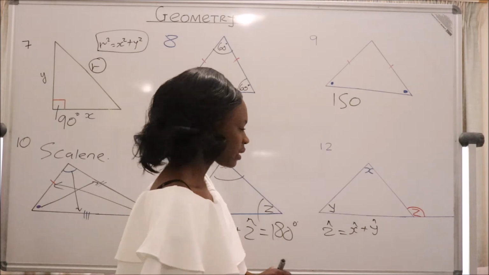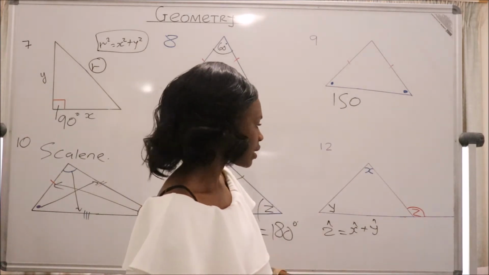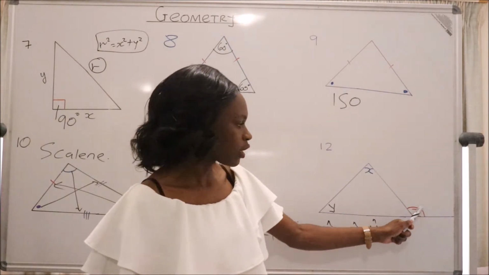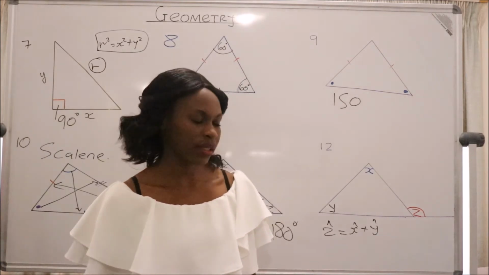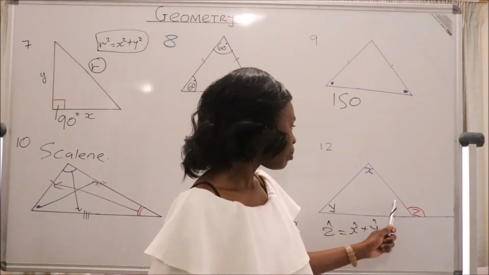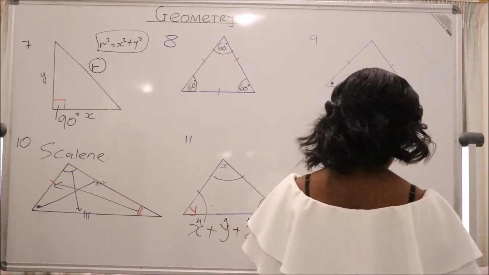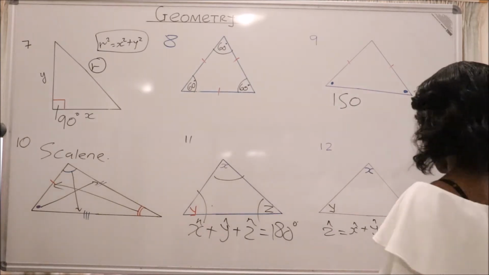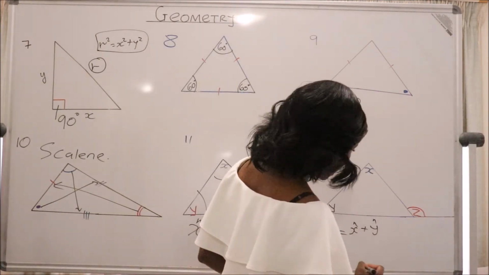So this says that the external angle of a triangle is equal to the sum of the 2 opposite angles inside the triangle. So this one here is an external angle because it's outside the triangle, and these two are opposite to this angle, and when we add them together, they must always give us the value of the external angle, which is z there.